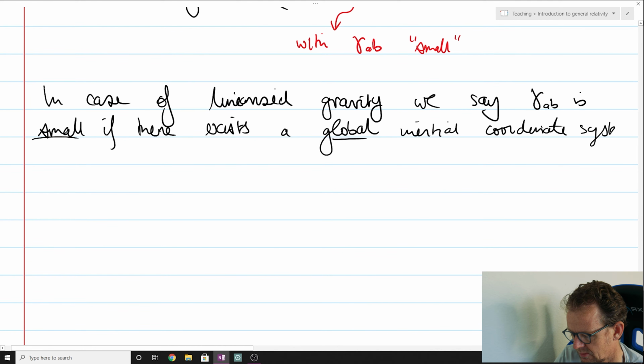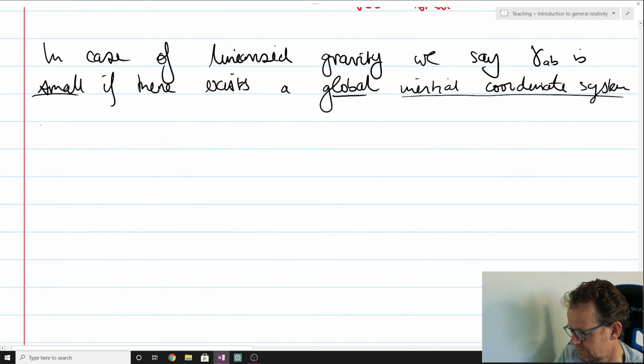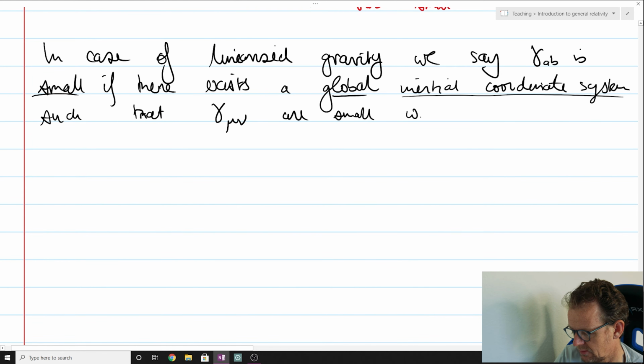Note the word global as well here. Such that the components of the perturbation gamma mu nu in this global inertial coordinate system are small with respect to 1, let's say.